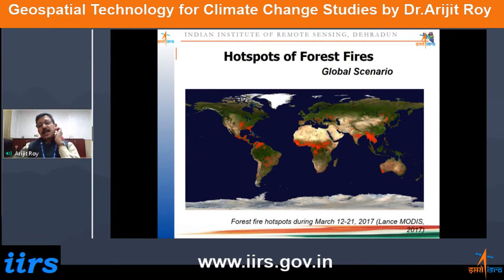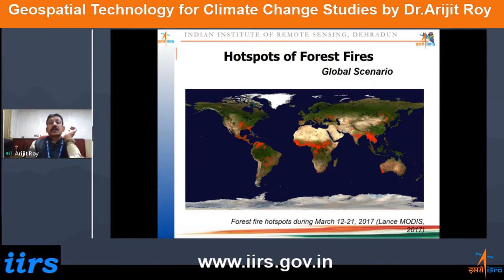So if we see at a glance the hotspots of forest fires across the world, say during a week in March, it shows observations like what we see here.